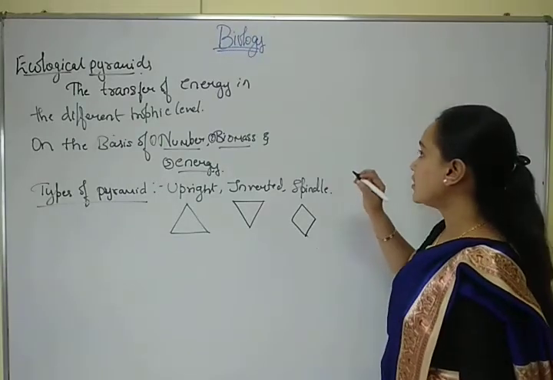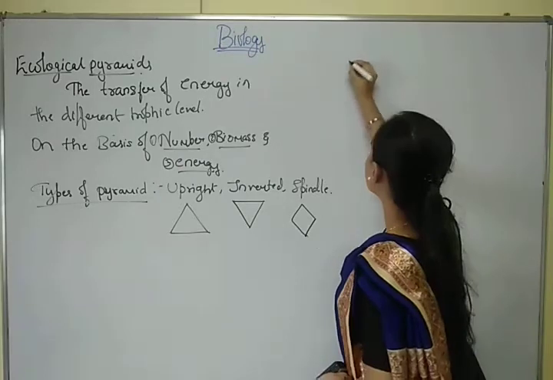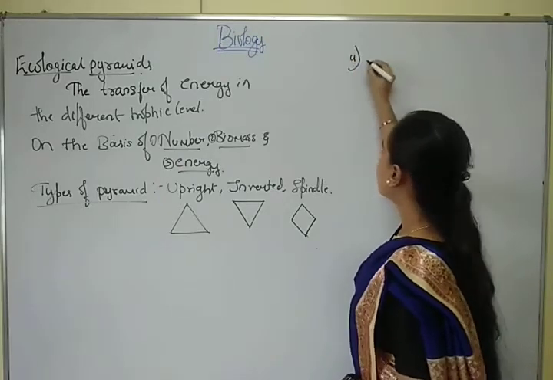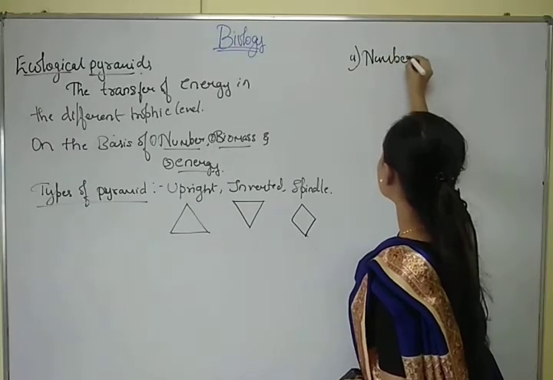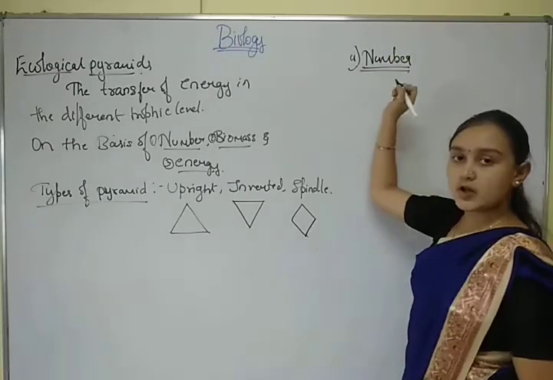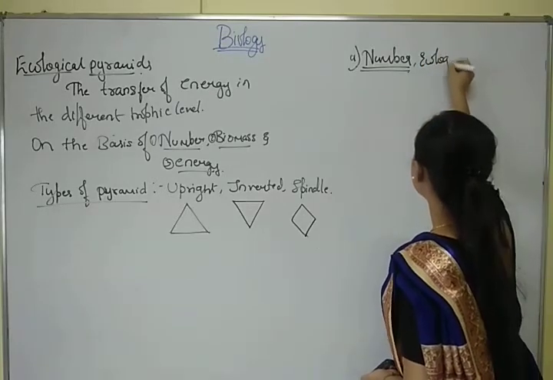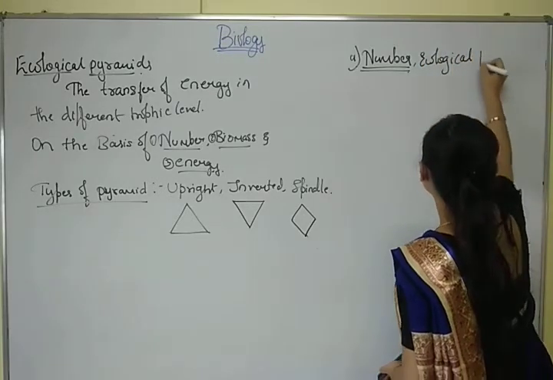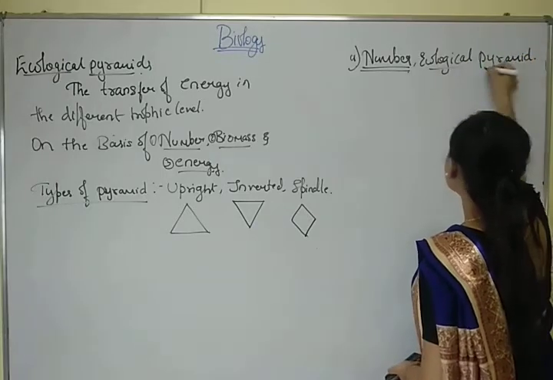So the first one is number. On the basis of number, ecological pyramid, we shall understand this with an example.